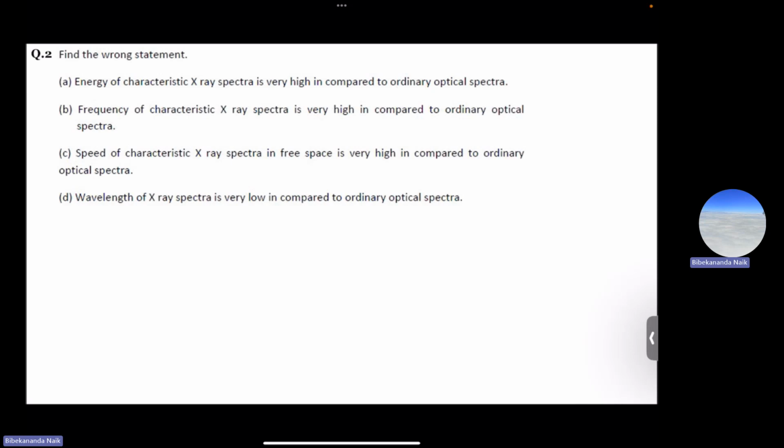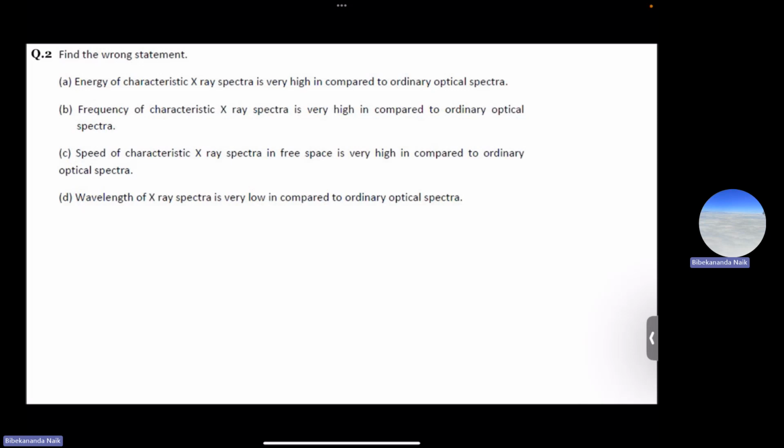Next question. The question says, find the wrong statement. Option A, energy of characteristic X-ray spectra is very high in comparison to ordinary optical spectra. Option B, frequency of characteristic X-ray spectra is very high in comparison to ordinary optical spectra. Option C, speed of characteristic X-ray spectra in free space is very high in comparison to ordinary optical spectra.